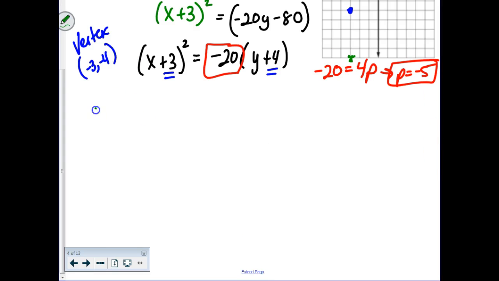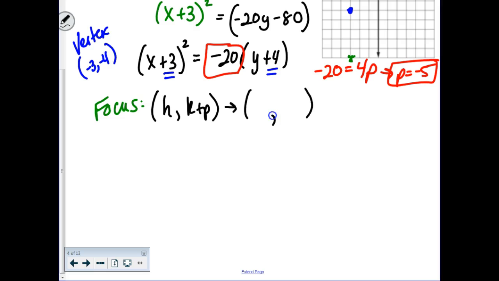All right, focus. Focus formula is, let's see, for a vertical parabola, it is, nope, not that. It is h, comma, k plus p. So for you guys, that would be h, which is -3.